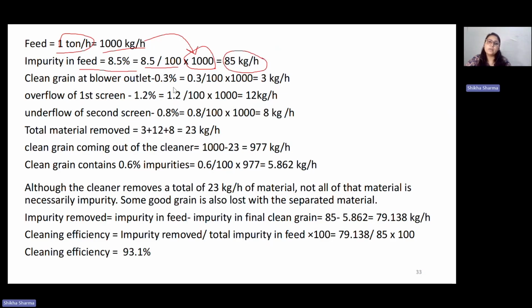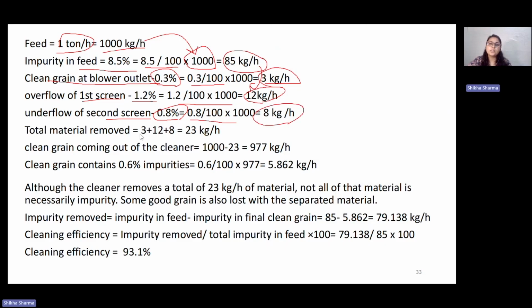Now, the clean grain at the blower output has 0.3% impurity, which is 0.3 divided by 100 into 1000, so 3 kg per hour. In the overflow of the first screen it is 1.2%, so 1.2 divided by 100 into 1000, which is 12 kg per hour. In the underflow of the second screen it is 0.8%, so 0.8 divided by 100 into 1000, which is 8 kg per hour.